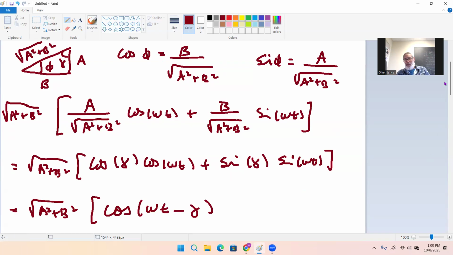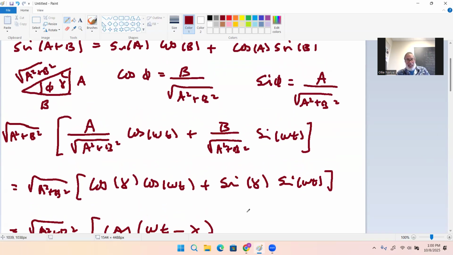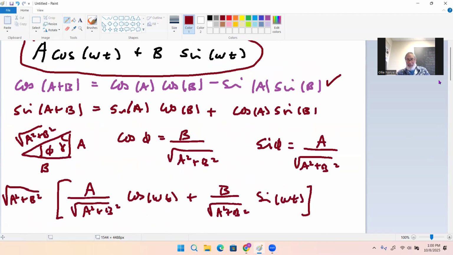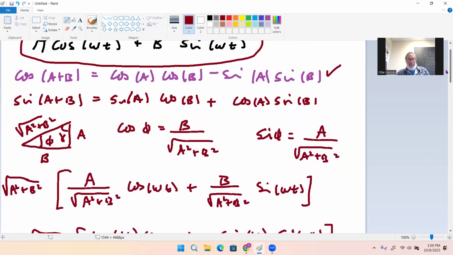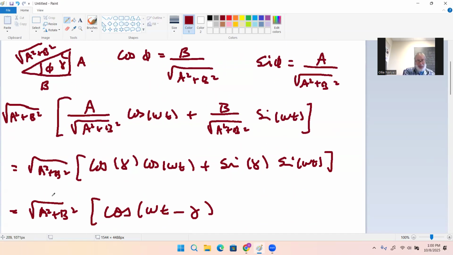The minus comes from the fact that we have a plus here instead of a minus. So this is going to be the amplitude. Notice this angle doesn't change. And this thing here is sometimes called the phase shift.